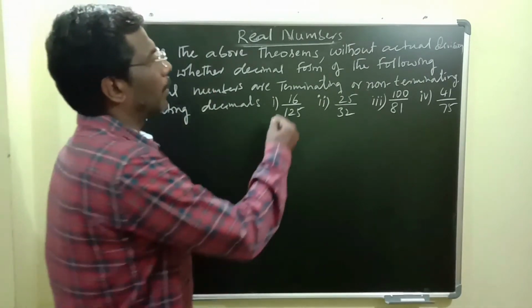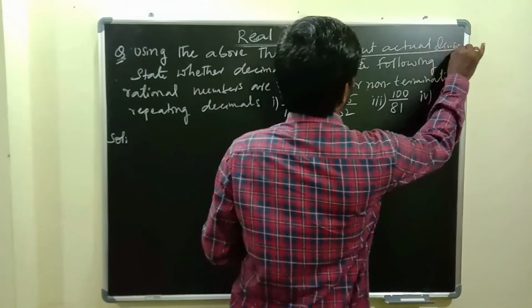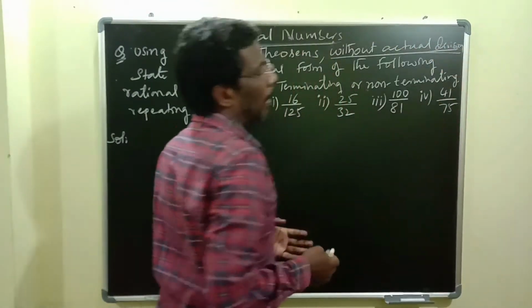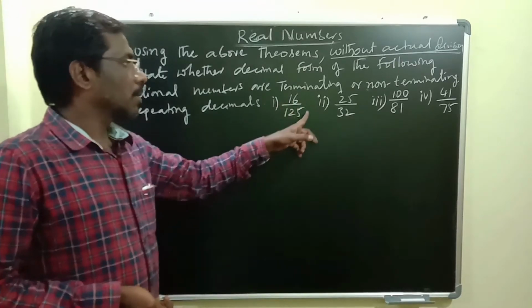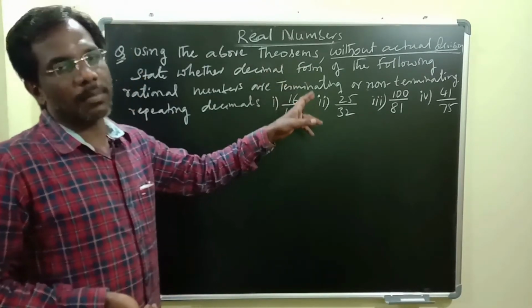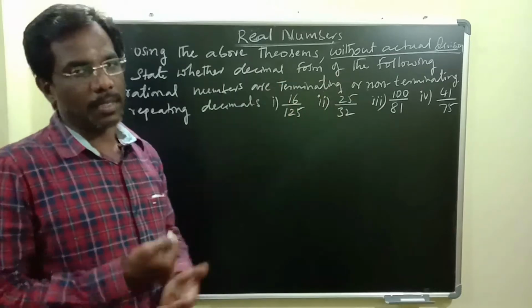Without actual division, we are going to say whether the rational numbers are terminating decimals or non-terminating decimals.